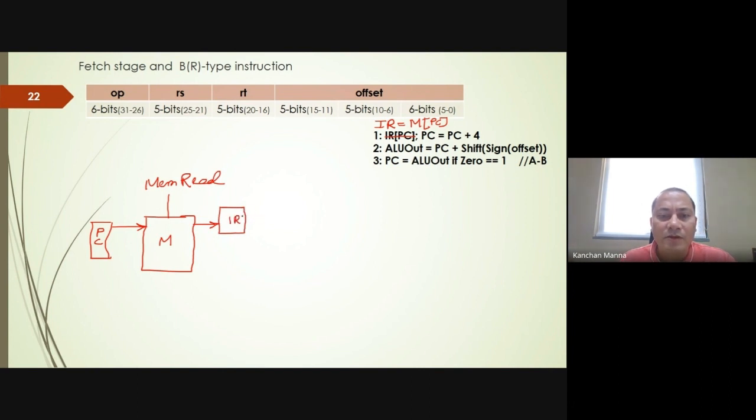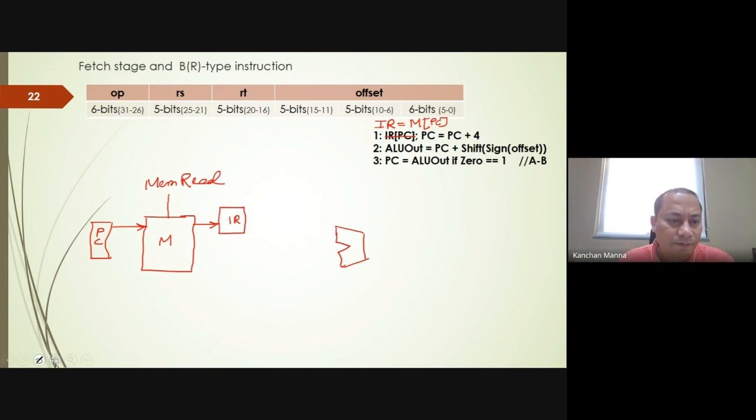Now, after that, if you remember, we are adding. So we also have to calculate PC plus 4, and we are doing that using the ALU. This is our ALU. To perform PC plus 4, we have to bring the PC's content into the ALU, and also we have to provide the 4.